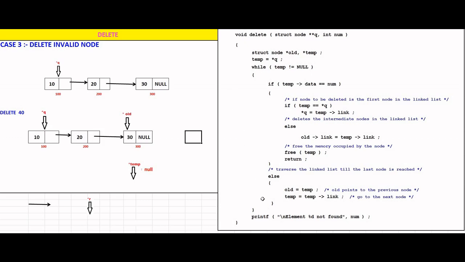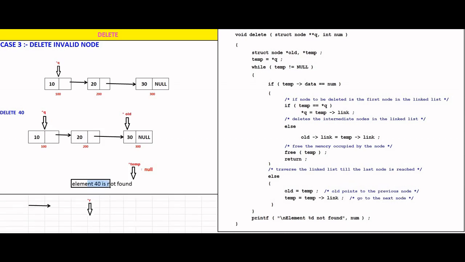So we break the while loop and the function is over, control comes here. Element percent d is not found. So the output will be: element 40 is not found. So this is how case 3 is executed, the delete function for the invalid node.